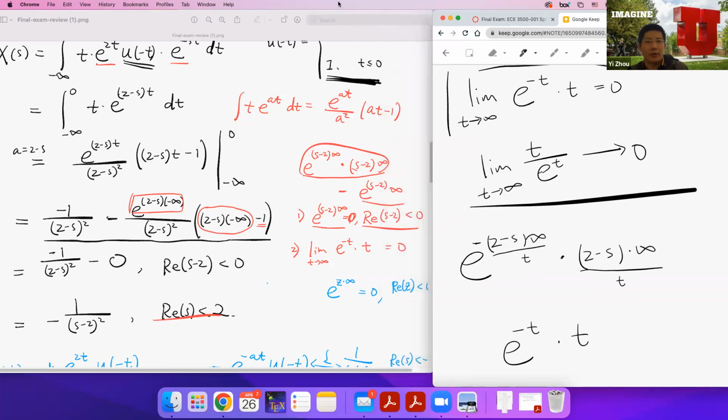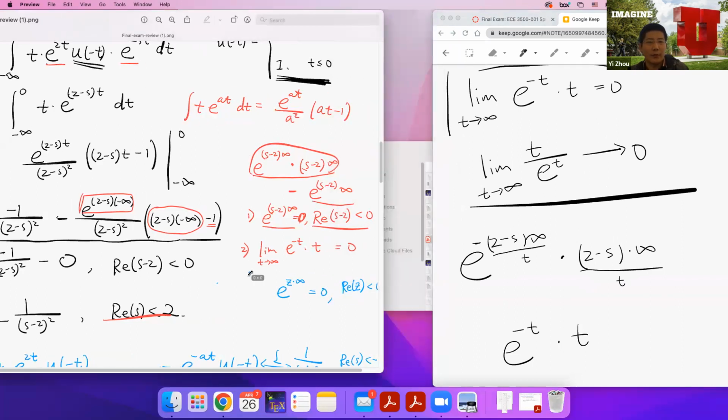Based on this limit result, as t goes to infinity, this term automatically converges to 0.